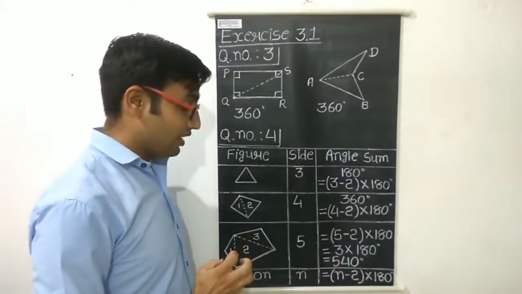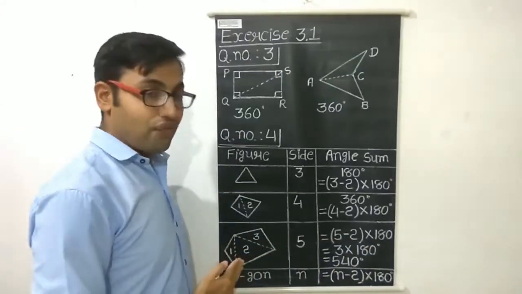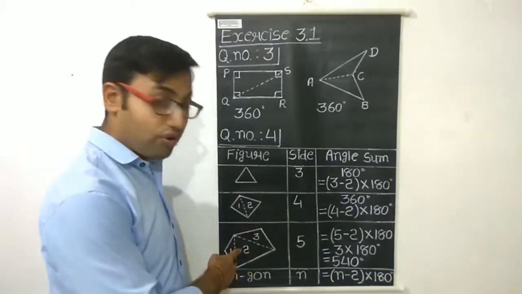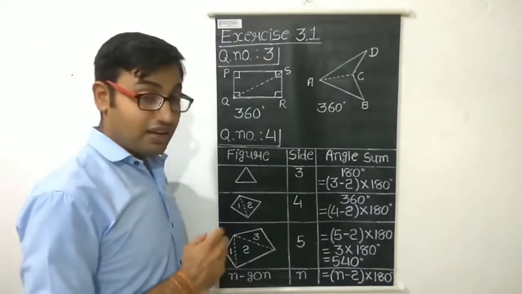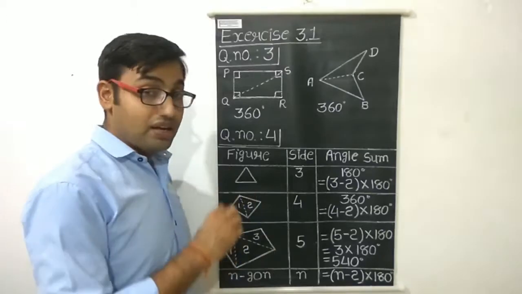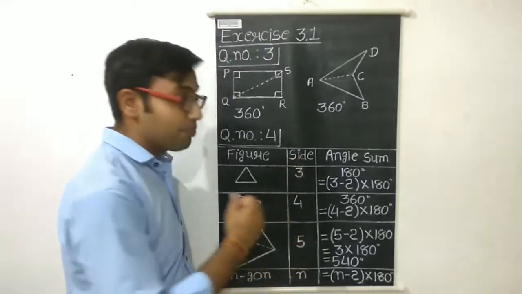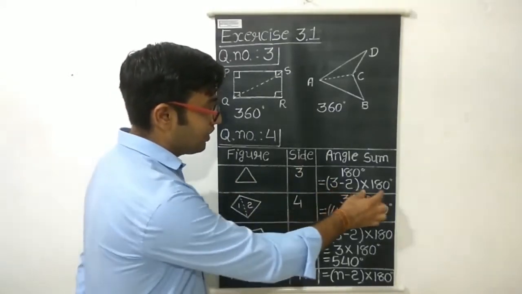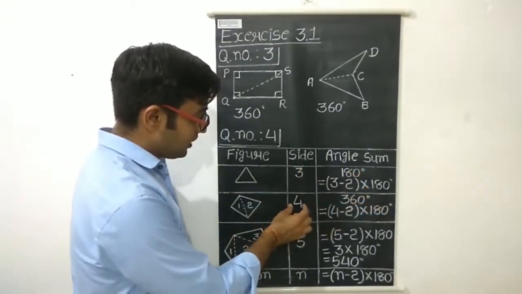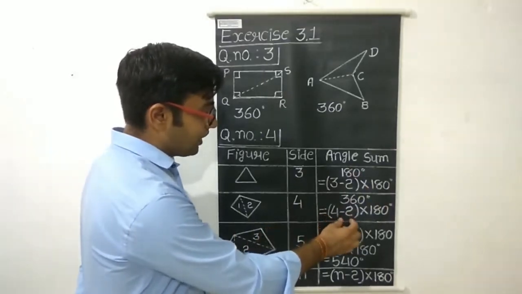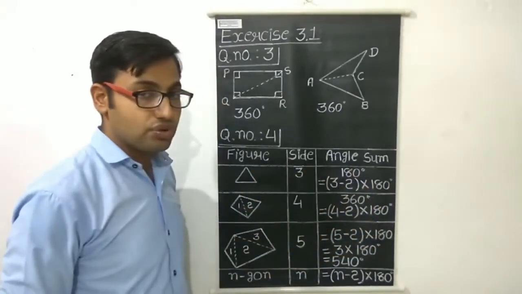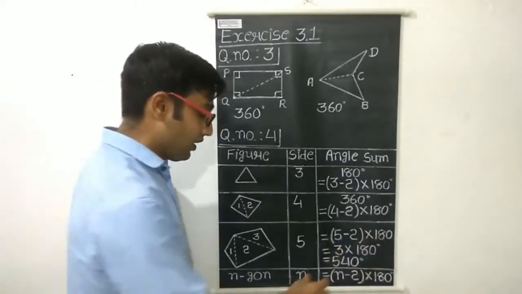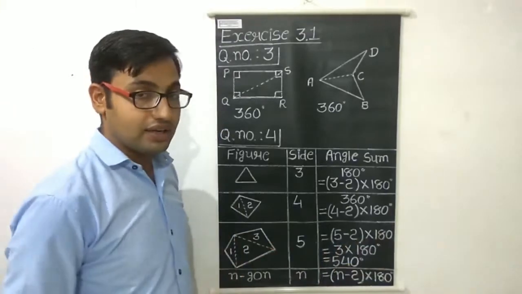Okay, so now you can understand that we can find the angle sum of any polygon of this type by subtracting 2 from the number of sides. Here the number of sides is 3, so we subtract 2, and we get 180. Here the number of sides is 4, so by subtracting 2 we get 2 into 180, which is equal to 360. Here we subtract 2 from 5 and multiply by 180, and we get the answer 540. Is it correct? It is correct.